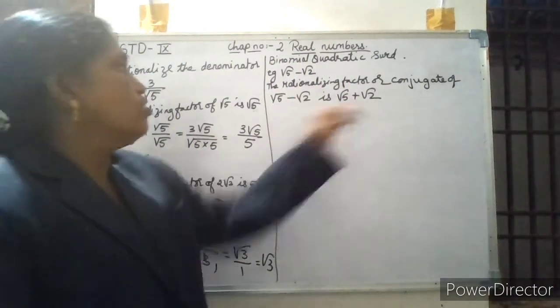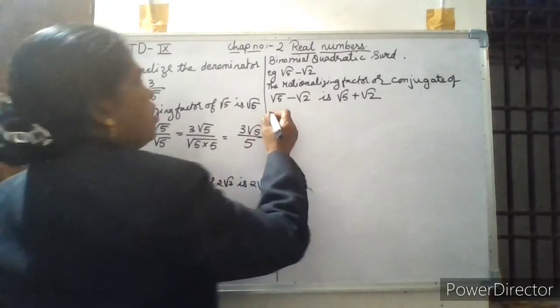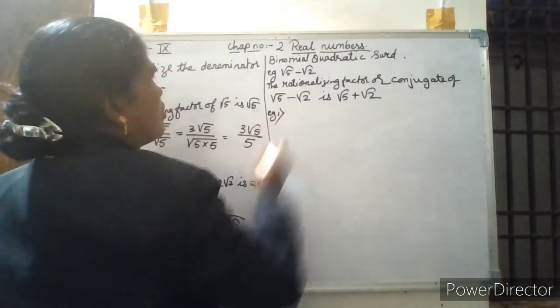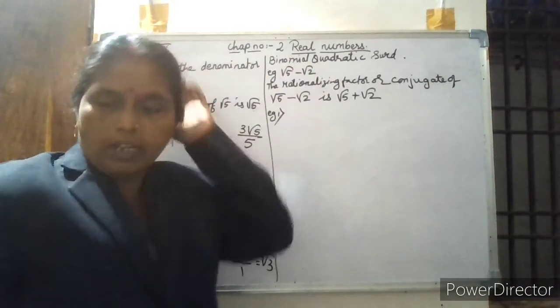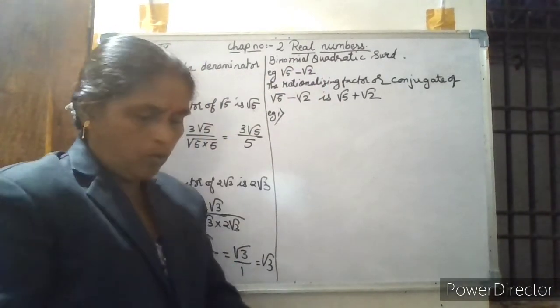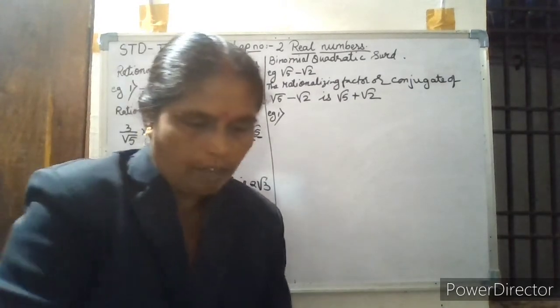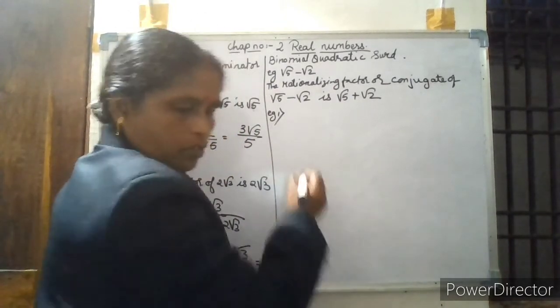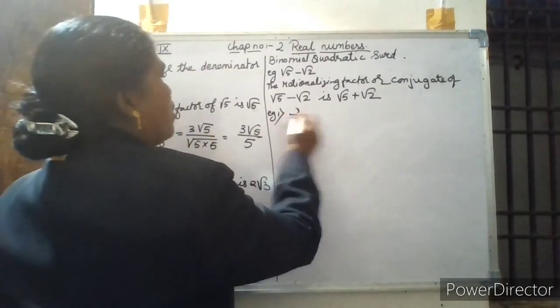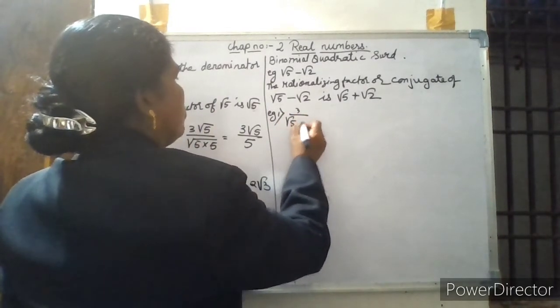So we'll take an example 1. How to rationalize such a binomial quadratic surd. Suppose 3 by root of 5 minus root of 2.